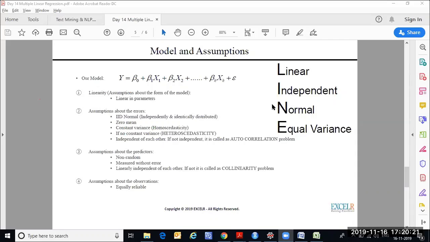Okay, let's first understand the assumptions. These assumptions are categorized into 4 classes. One is assumptions about the parameters. Second one is assumptions about the errors. Third one is assumptions about the predictors. What are the predictors, friends?